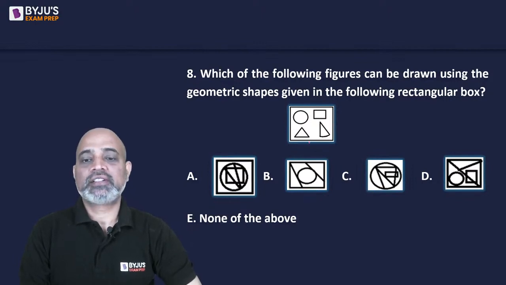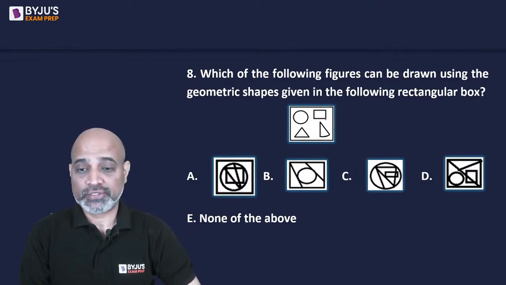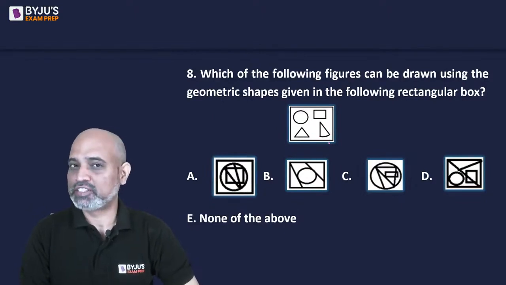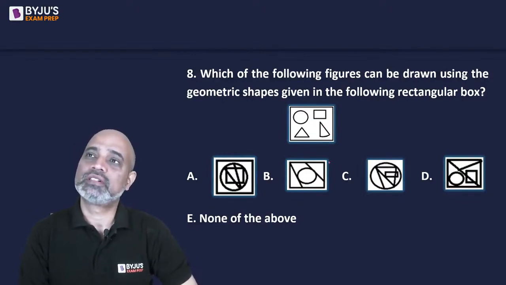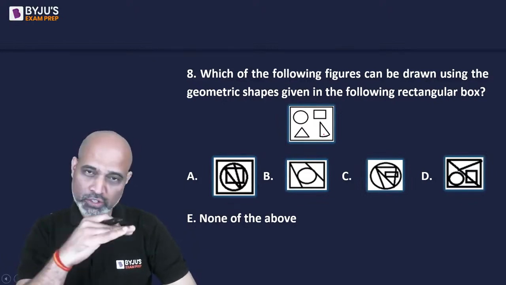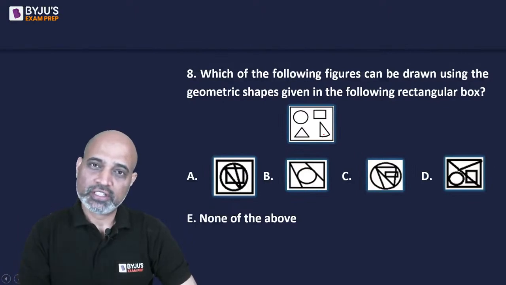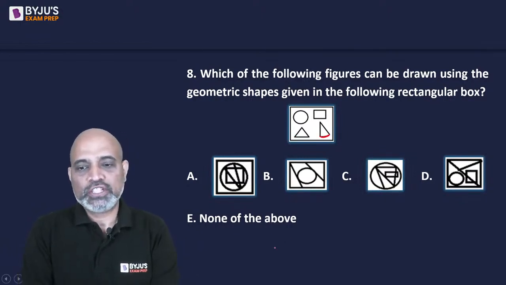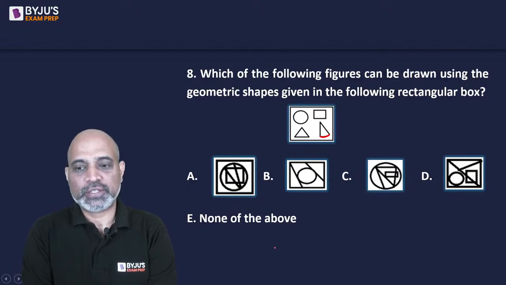You have a circle, you have a triangle, you have a square or a rectangle, and then you have got, this is not a triangle, this is more like a twisted cone, right? The bottom part is not flat, it's little curved. So ये triangle नहीं है, triangle straight line होता है. This is little curved here. So which particular figure out of these will be formed?